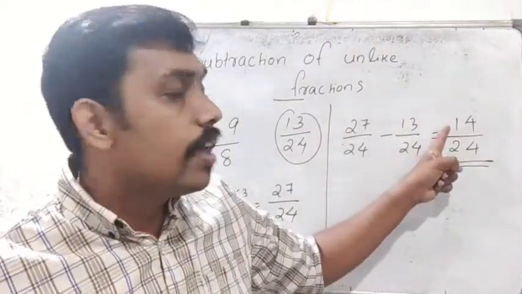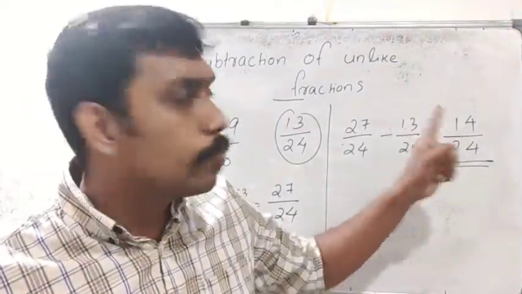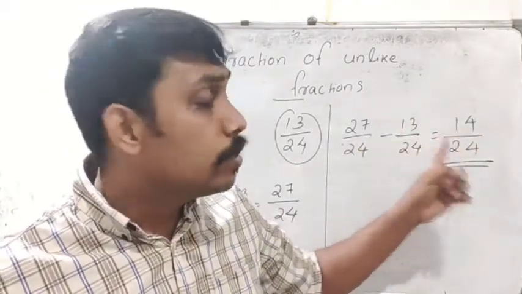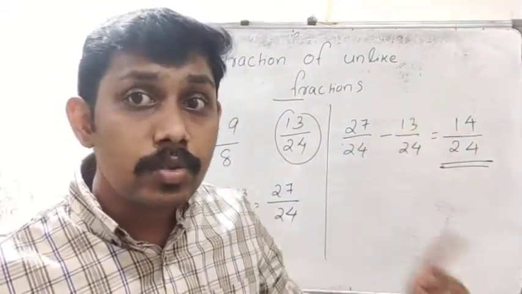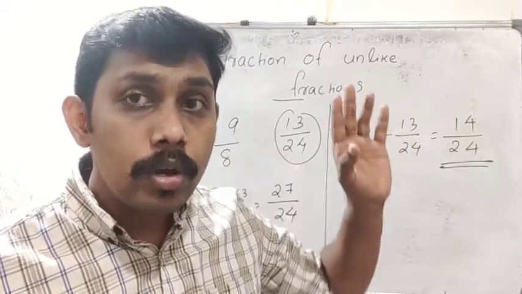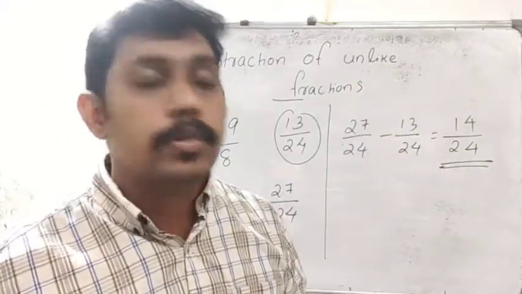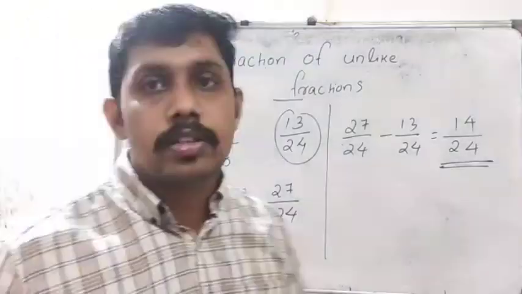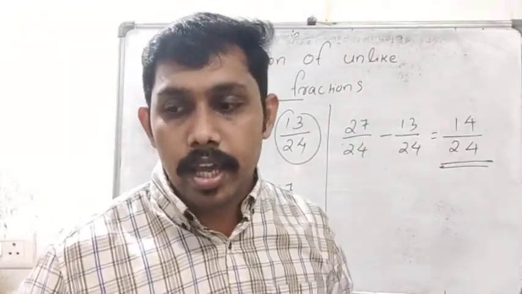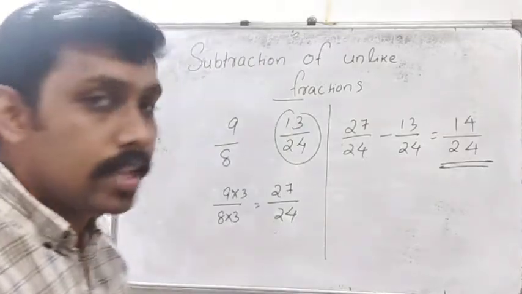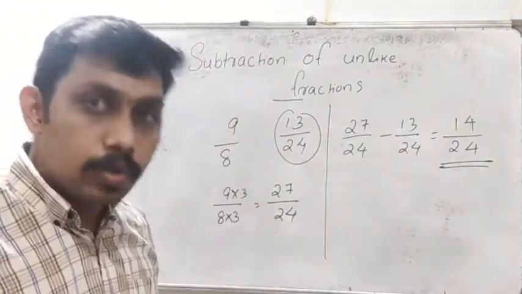So if we divide the numerator and denominator by 2, 14 by 2 is 7, 24 by 2 is 12, so 7 by 12. We can make equivalent fractions like that. So this is subtraction of unlike fractions. There are some exercises that we will discuss in the Zoom class.